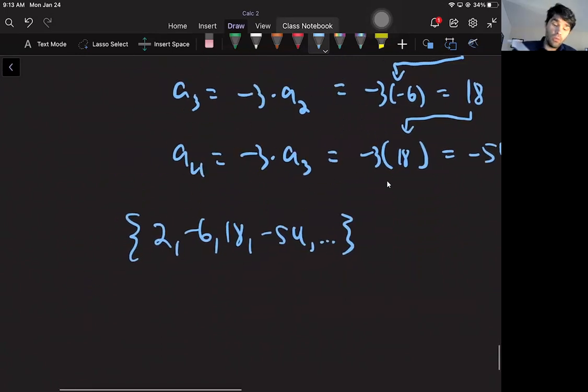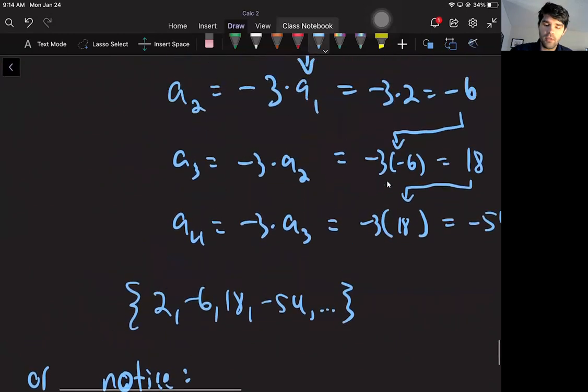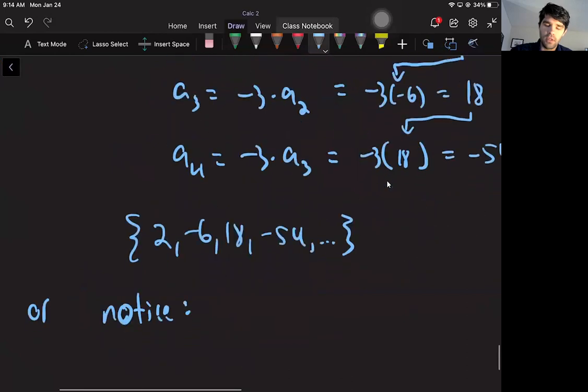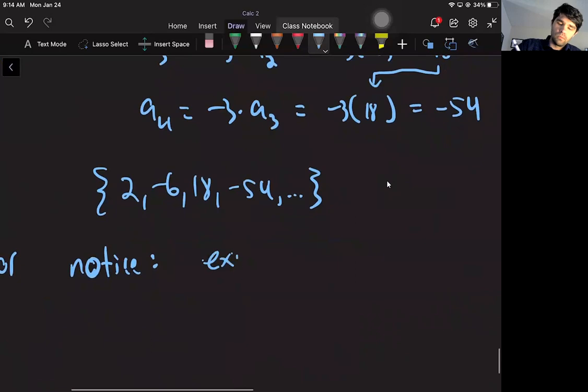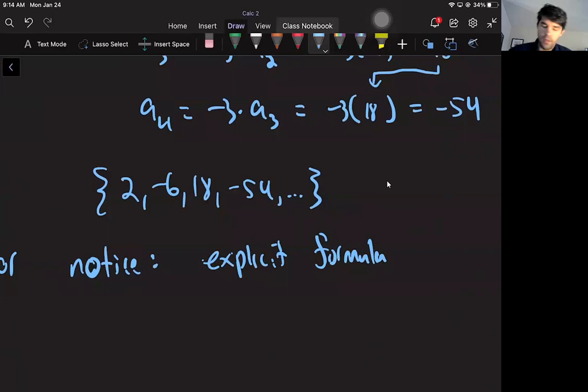We could also establish a pattern in the previous way. So sometimes it's pretty hard to go from recursive definitions like this to the original explicit formula. But we could do it here.